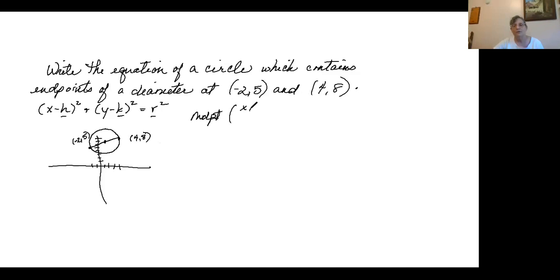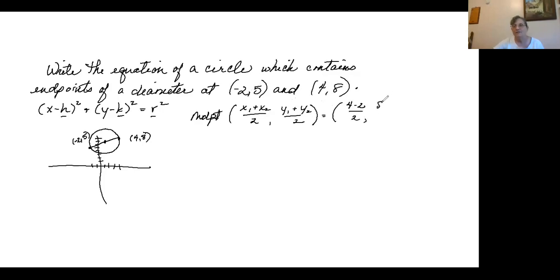Our midpoint formula is average the x's and average the y's. So we've got 4 plus a negative 2, which is the same thing as 4 minus 2, over 2.